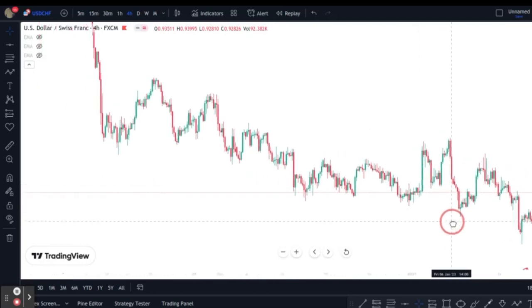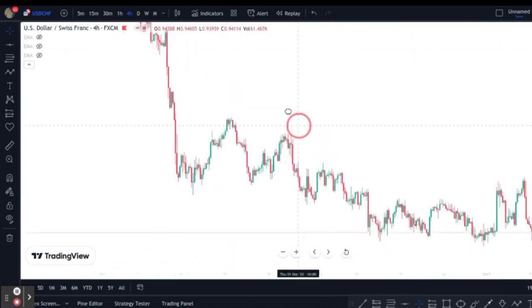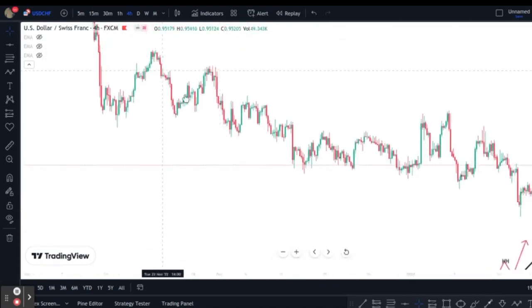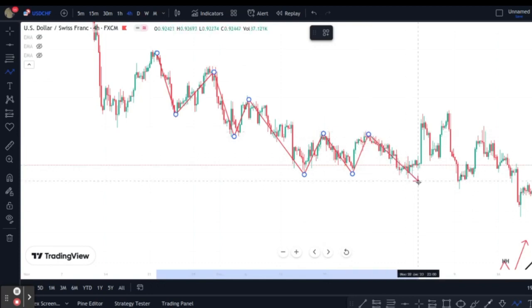Let's check it like this. Let's start from here. So this is a low, this is a lower high, this is another low, another lower high, this is a new low, a lower high, low, lower high, low.